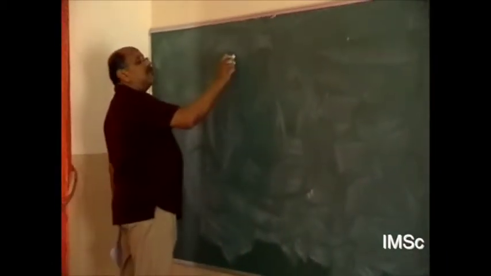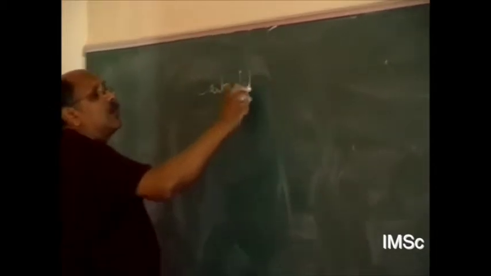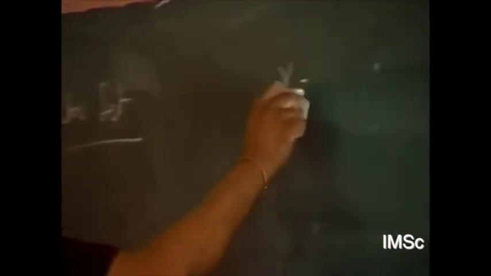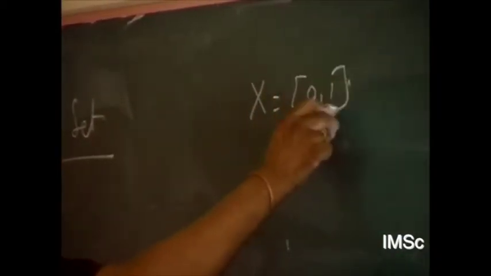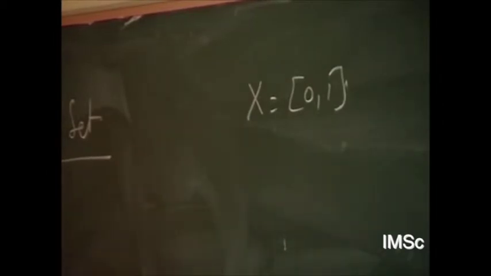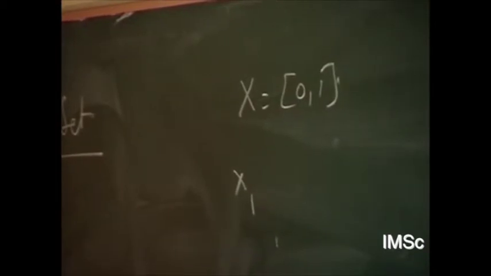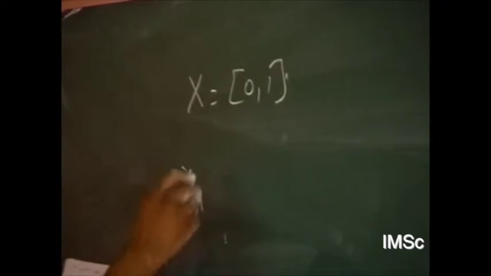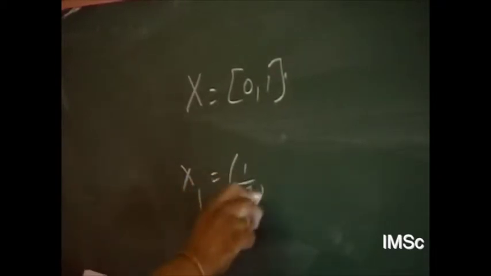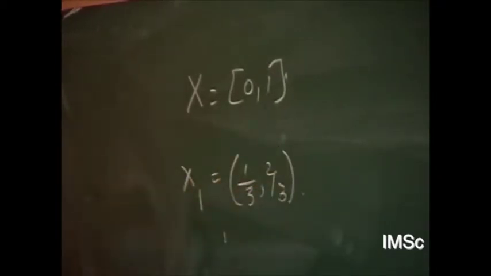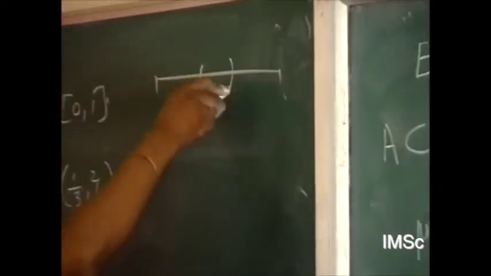So let us take the example of the Cantor set. It's a very good set for counterexamples. You take X equals [0, 1], and you define X1 to be the middle 1/3.